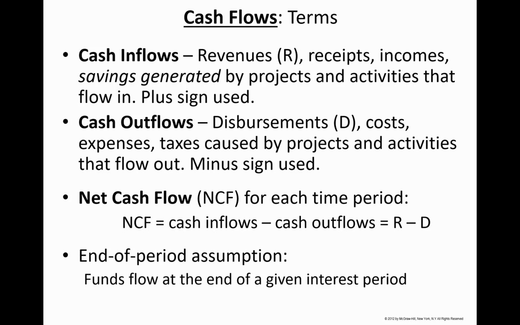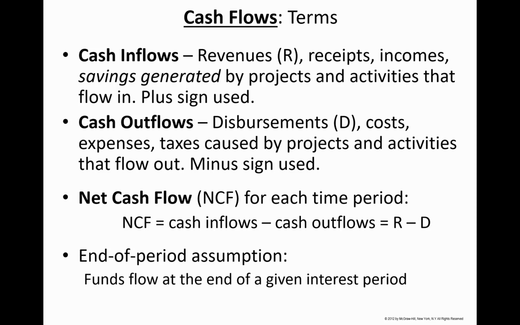Now, when we are setting things up graphically, when we're trying to represent when you get money on a timeline, what we typically assume is that your costs and your revenues come all at once at the end of a period. For example, if we are doing a cash flow diagram that goes week by week, we assume that you receive all of your revenue and you pay all your expenses at the end of the week.